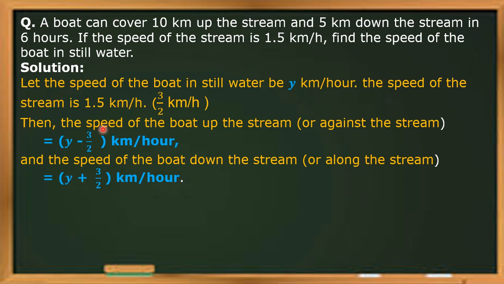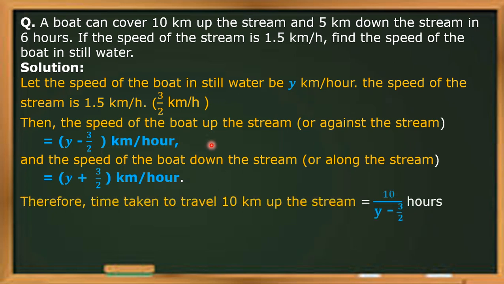The time taken by the boat upstream is distance upon speed. The distance given is 10 km, so it is 10 upon y minus 3 by 2 hours.